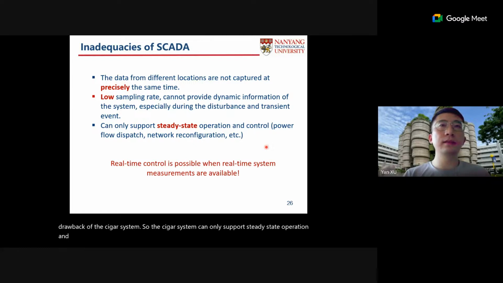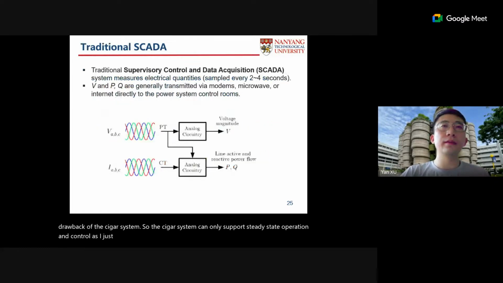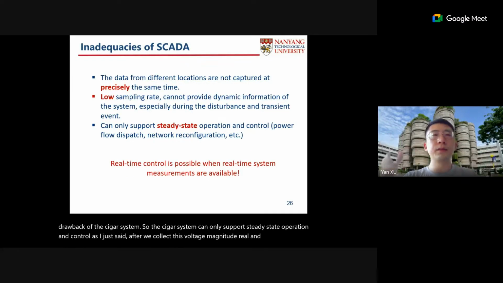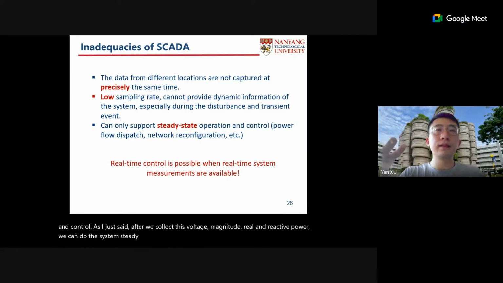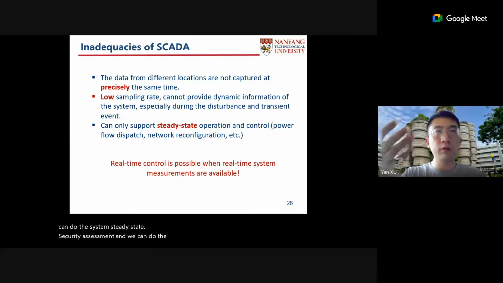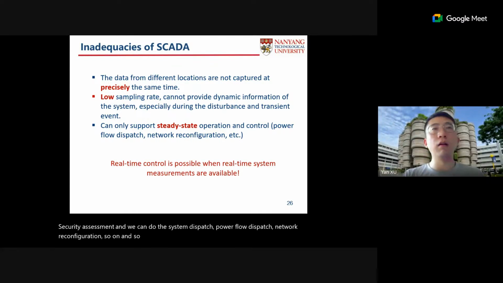As I just said, after we collect the voltage magnitude, real and reactive power, we can do system steady-state security assessment, system dispatch, power flow dispatch, network reconfiguration, and so on. But this is all for steady-state analysis, not for the dynamic.